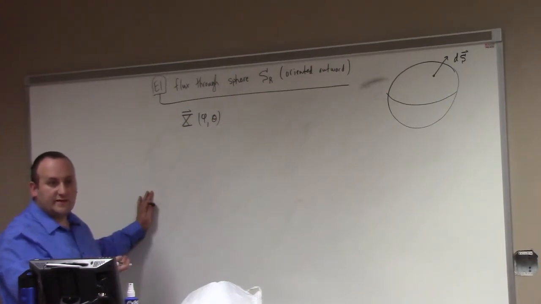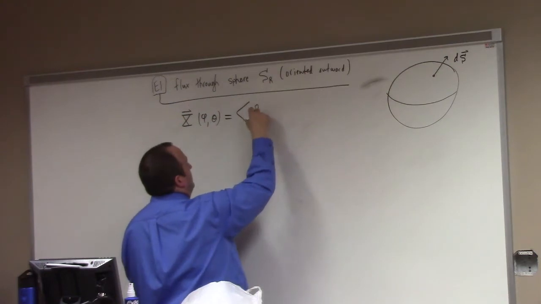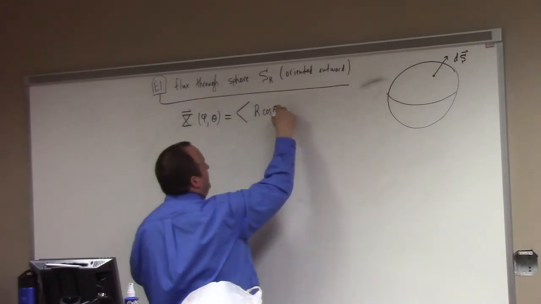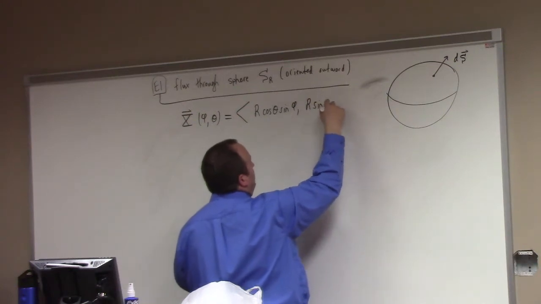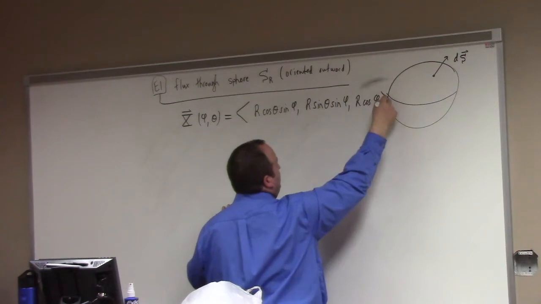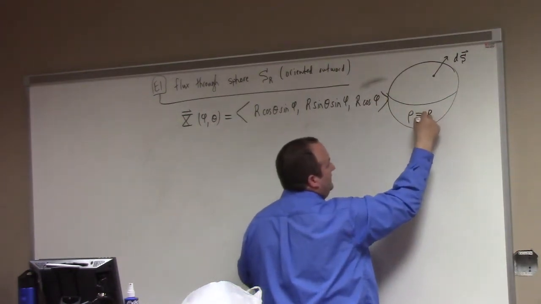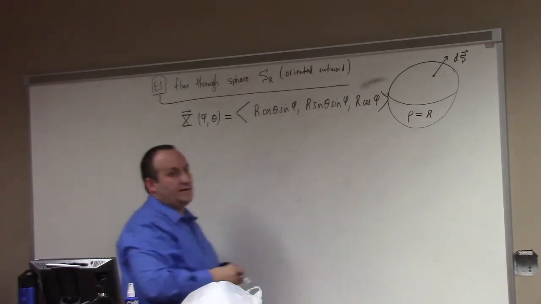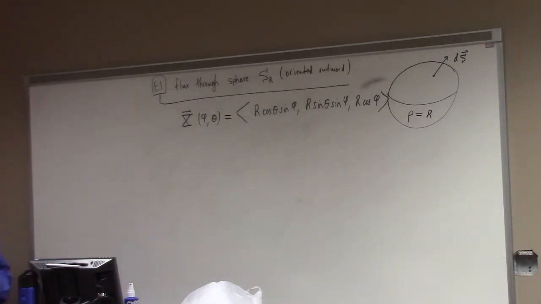That gives a parameterization of the sphere. In particular, this one: r cosine theta sine phi, r sine theta sine phi, r cosine phi. So there you go. That's a parameterization of the sphere, which is basically just based on the notion that the sphere is rho equal to r, right? So just plug that into the spherical coordinate formulas and out pops the parameterization of the sphere.